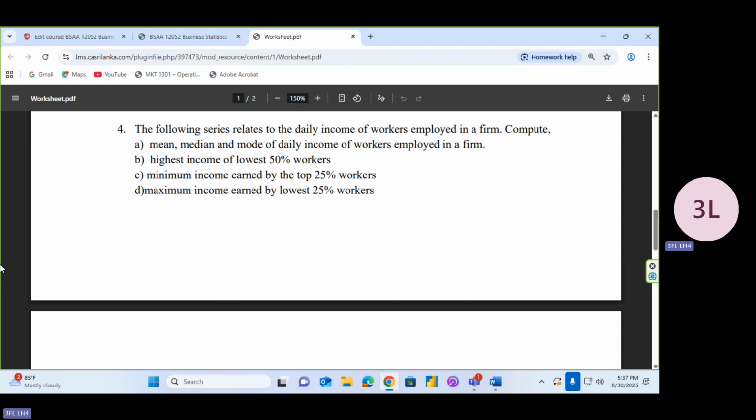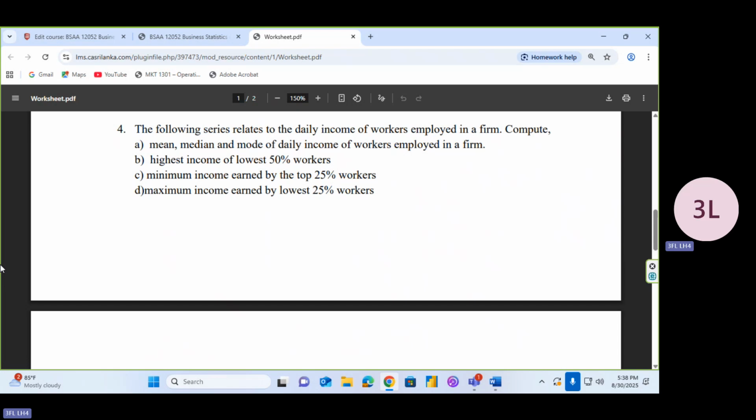How do we find it? How do we take the lowest 50% of the employees? 50-50. Which measurement divides the data? Median value.